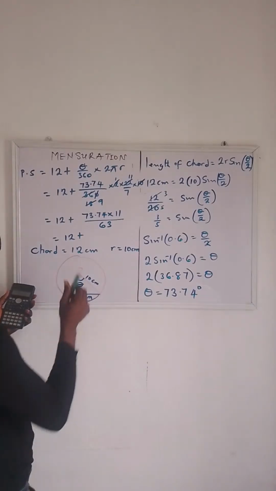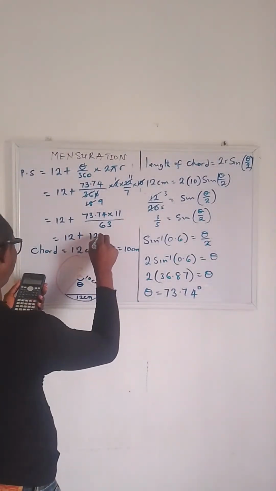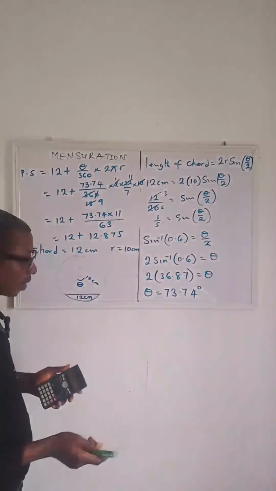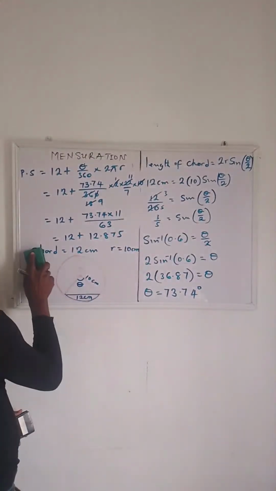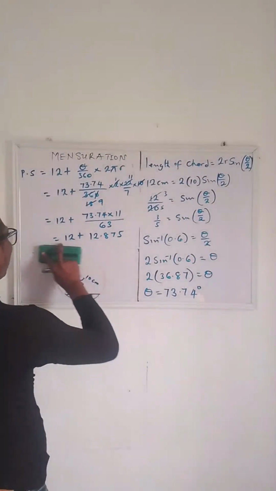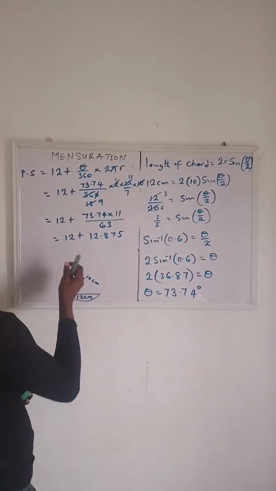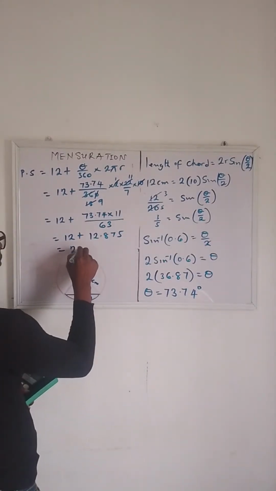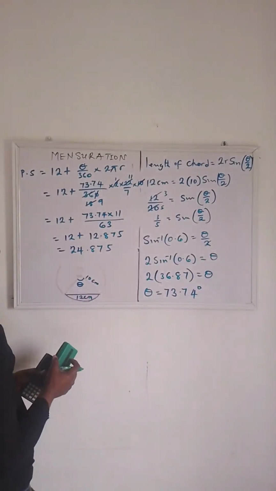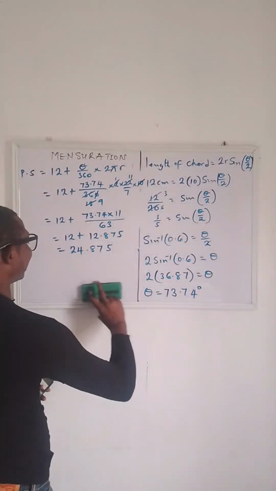Okay, so you have 12.875. All right, so now we can add. Now let us add. So when you add, what do you have? You have 24.875.